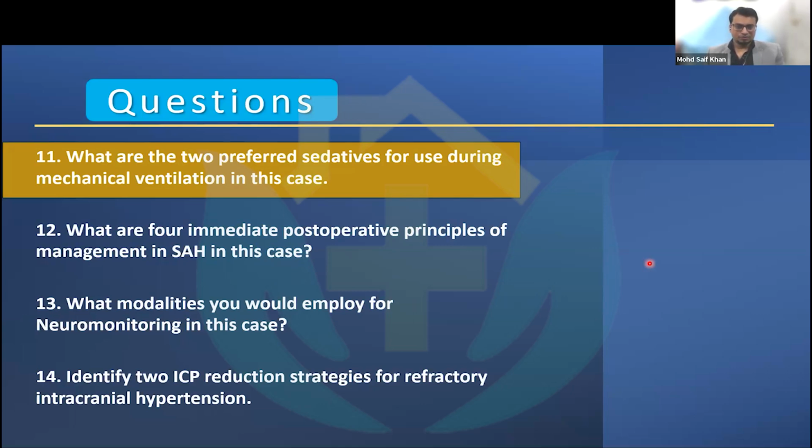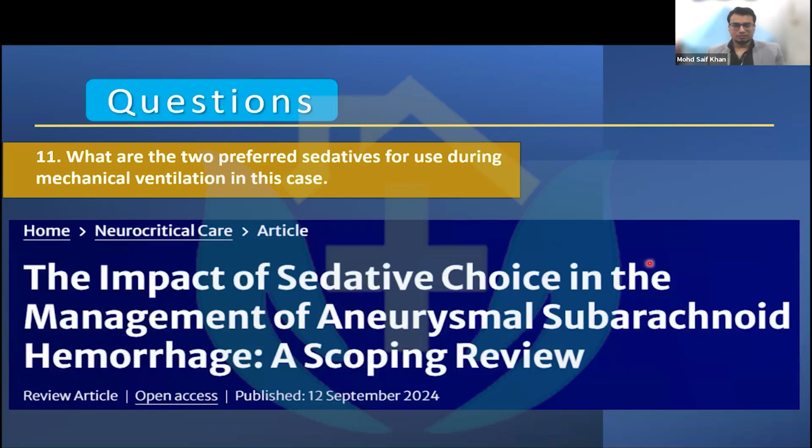Such sedatives are better in neurological cases. Here you need to use something like propofol, or dexmedetomidine, or remifentanil. All of these are ideal or preferred sedatives, or sedatives of choice, in case of SAH.